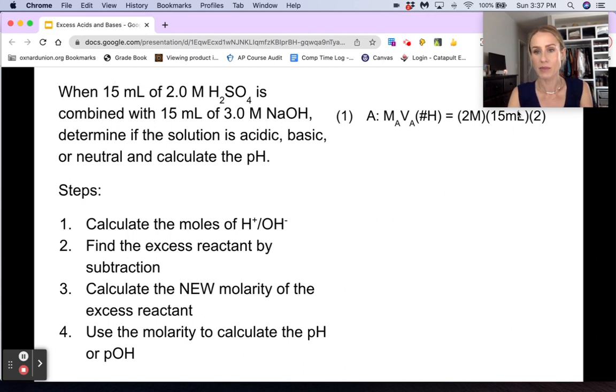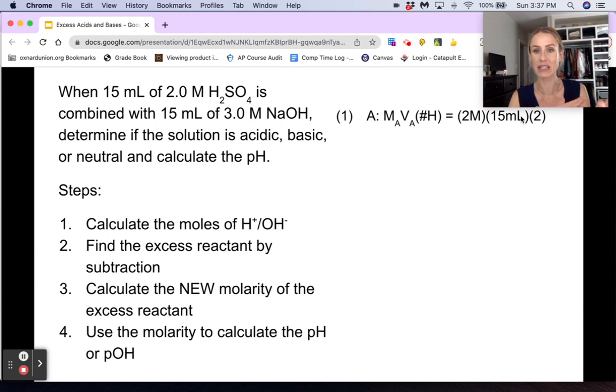Now, you might be thinking, Mrs. Stewart, why don't you change this to liters? Because when we're talking about a molarity, that's moles over liters. Now, you can change it to liters. That would be 0.015 liters. I'm going to keep it like this. And basically what I get here, instead of moles, I get millimoles. If I keep all my volumes in milliliters, I'll end up with molarity at the end.